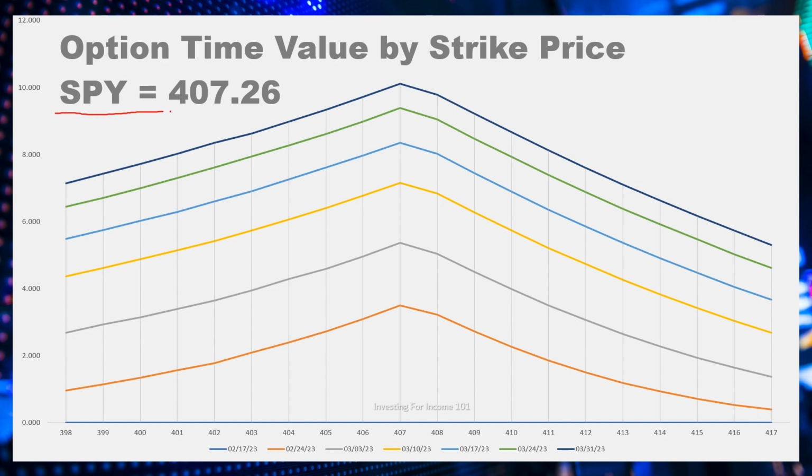It was a Friday a couple of weeks ago, and SPY on that day closed at 407.26, and these are the different time values for different expirations and different strikes. And you can see, this is the at the money strike price, and this point right here is 1 week till expiration.